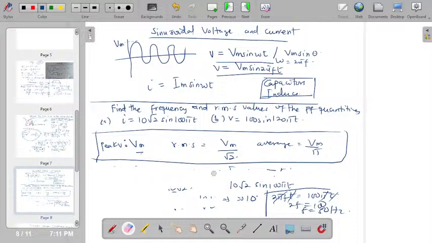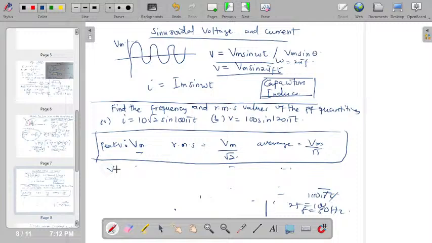So therefore, we're going to have our V equal to 100 over square root of 2. And that is 70.7, or 50 root 2.